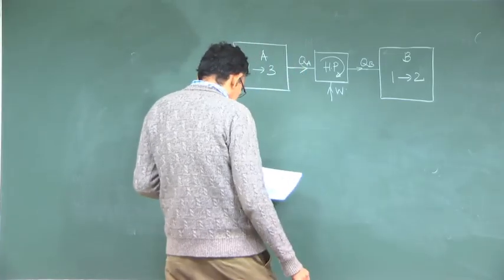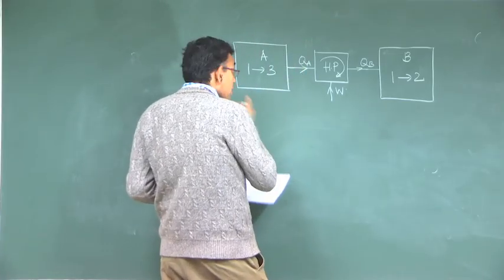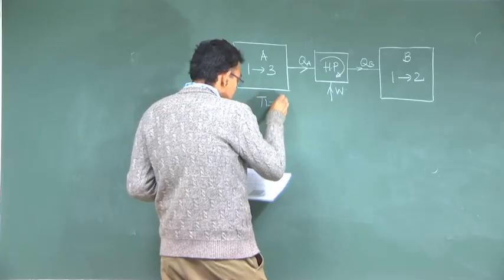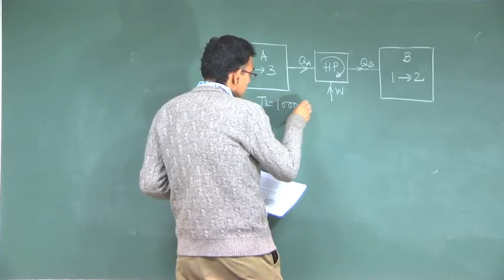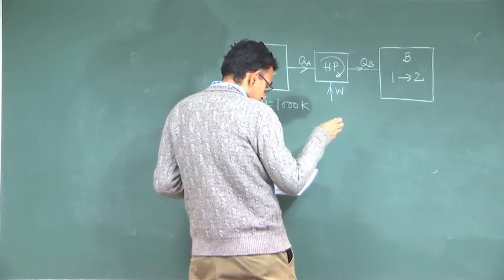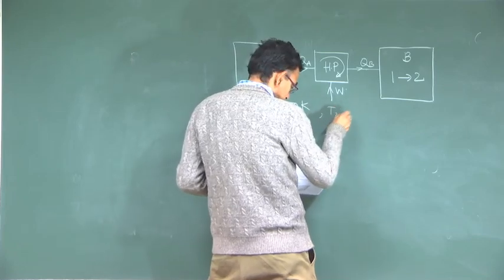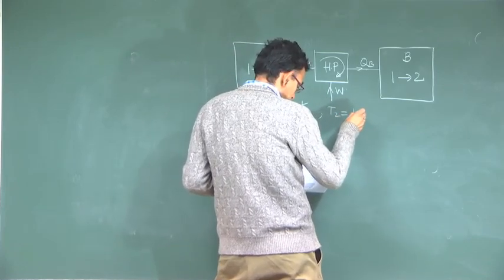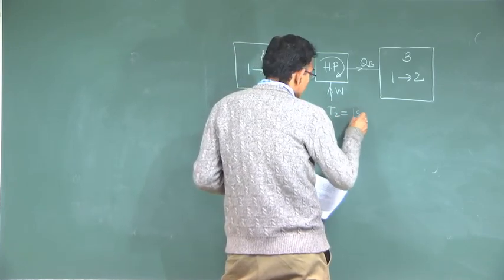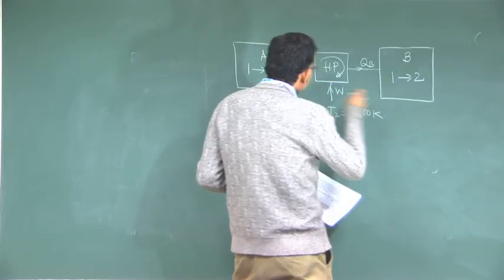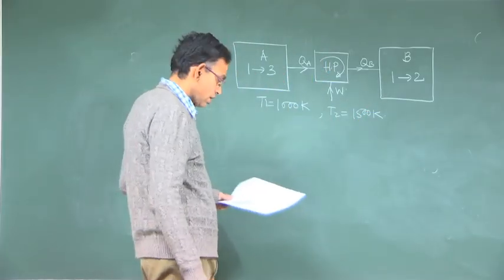So, now you can write, so T1 is 1000 Kelvin, this is given, whatever is given I am writing, T2 is 1500 Kelvin, T3 we do not know. Okay.